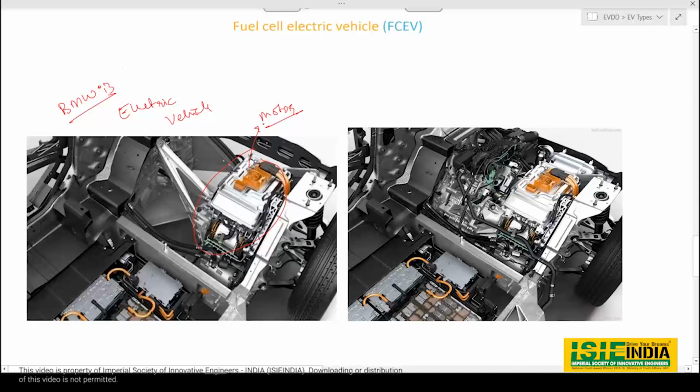you have an extra option of adding a range extender. You have two models, and the second model variant has a range extender.